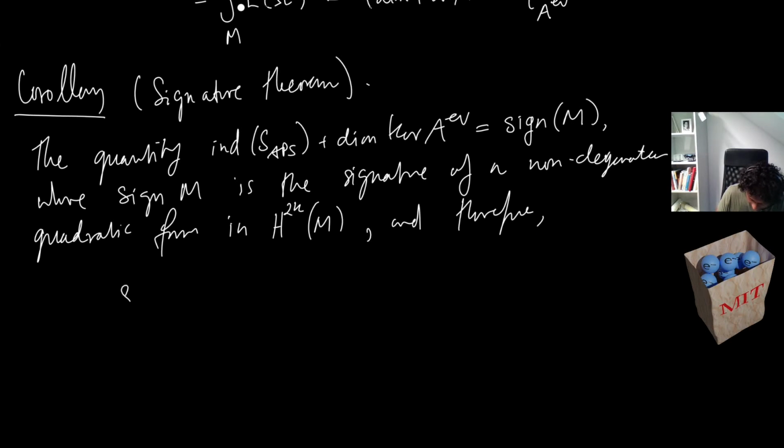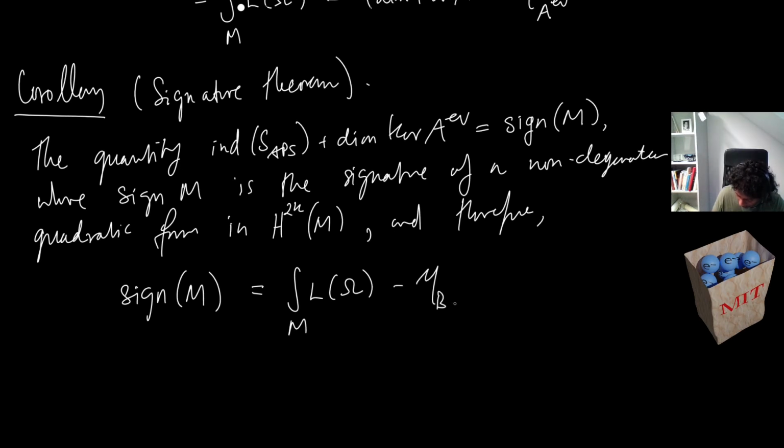We have the signature of M is equal to the integral of L of omega over M minus eta of A even at 0.